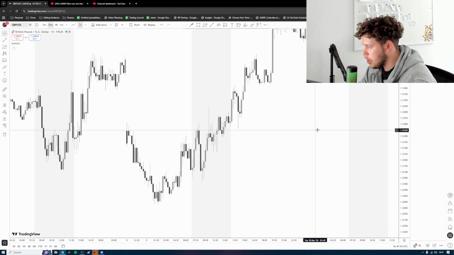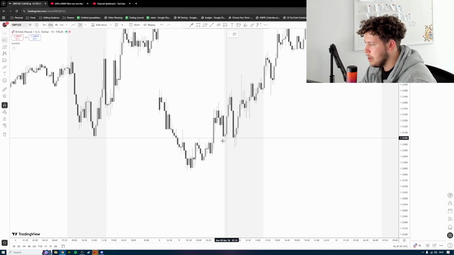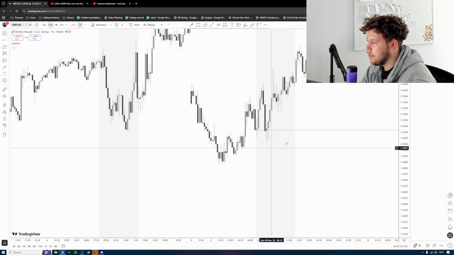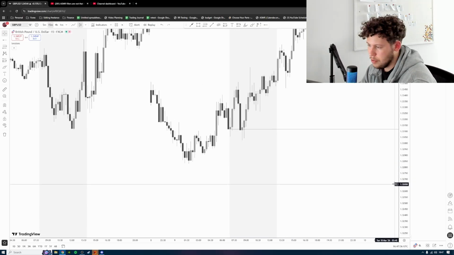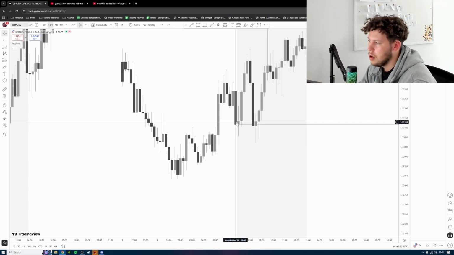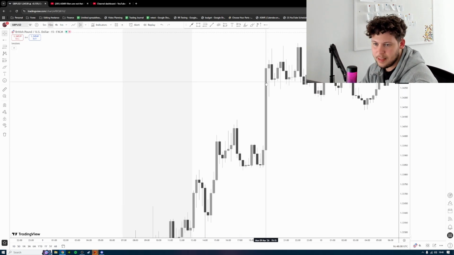Now, a break that maybe is weaker would be something like this, where if you mark it on, as you can see, if I zoom in, it did technically break structure. It did break and close below this low, but it did not do it with much momentum if you look compared to this candle.